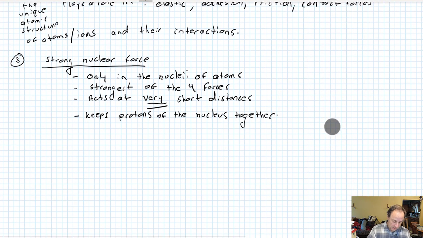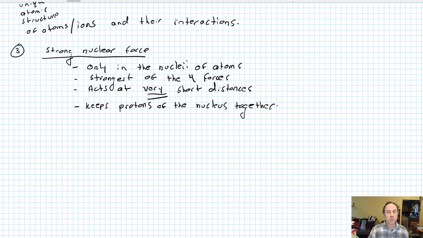At short distances, it's much stronger than the electromagnetic force. So you have the electromagnetic force where positives and negatives are attracted to each other, and the same charges are repulsed by each other.